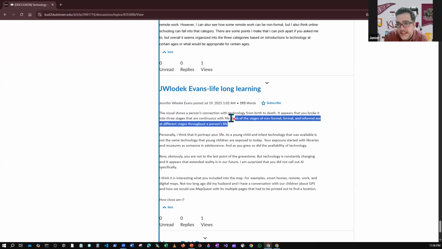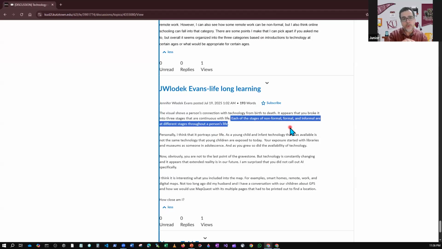So Jen, these are stages throughout a person's life and they overlap, because we are part of these places all together, or sometimes only informal, sometimes formal and informal. We will always have the informal piece because learning happens at home, all the time, and outside home as well, on the street and outside school.